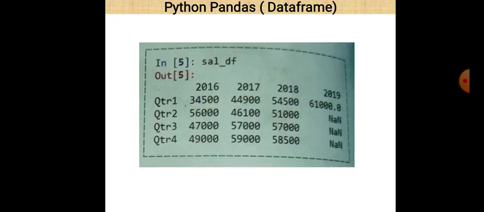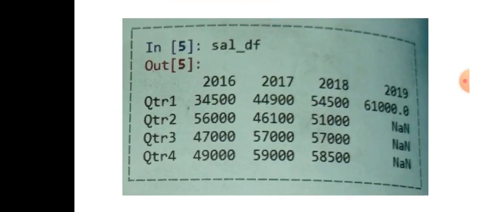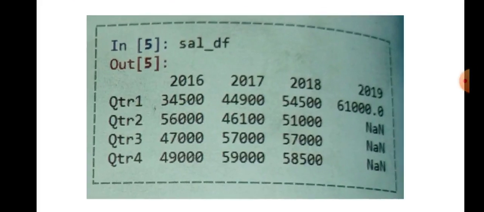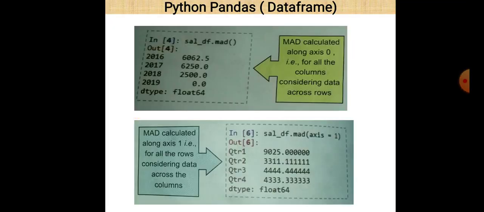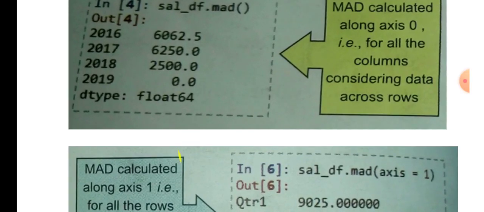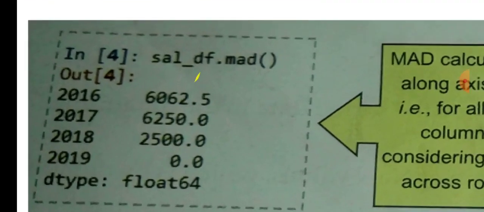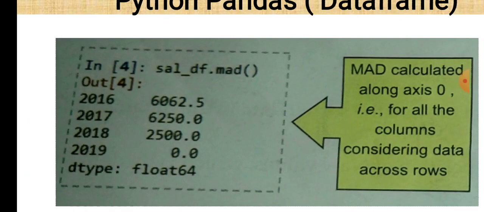So let us perform. This is SAL_DF, this is our data frame, and here is an example: the mad function, calculate along axis 0. So if you just give SAL_DF, you just pass mad.